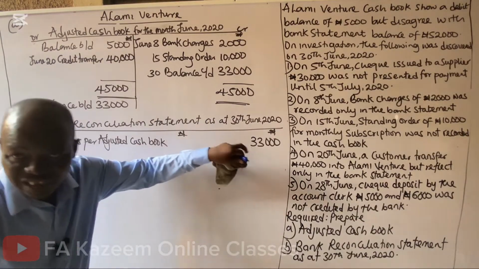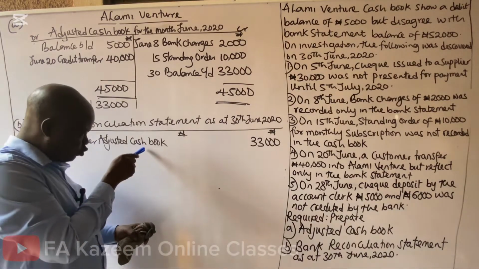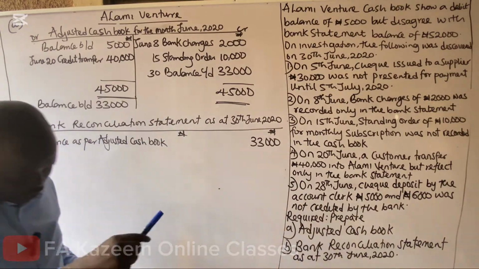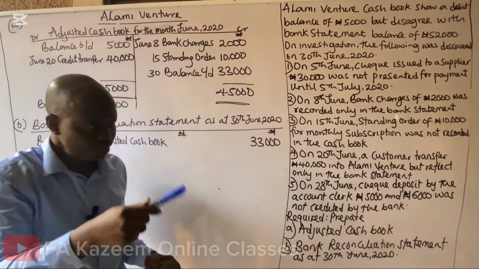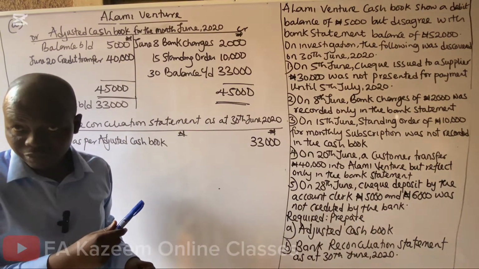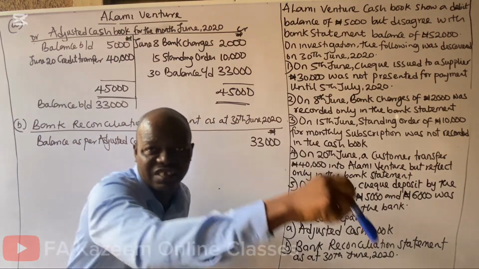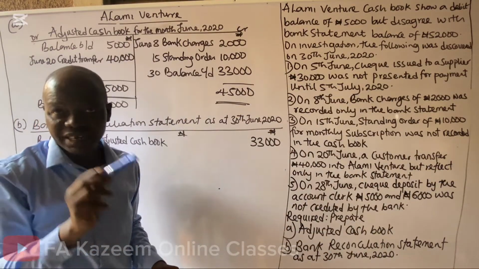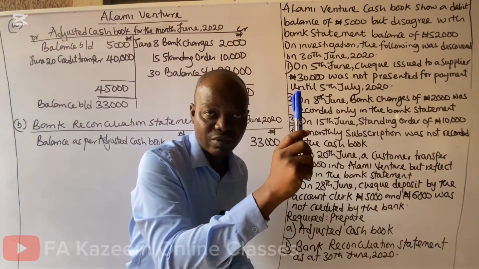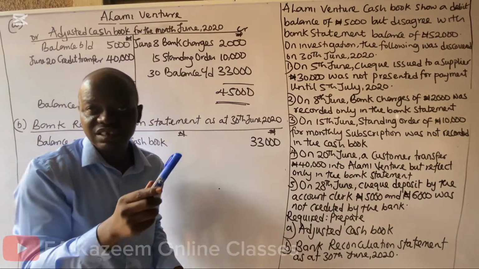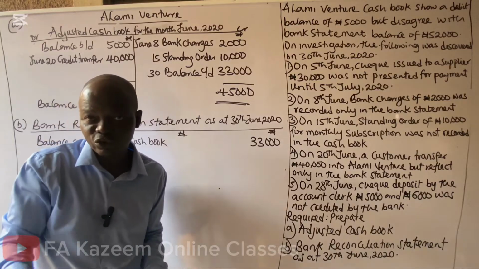If this is the cash book balance, there is money that has been issued out of the cash book to a supplier to present to the bank for payment, meaning there's an outflow. But this outflow, the payment was not presented to the bank, meaning naturally there's no withdrawal of that check. Now, if the check has not been withdrawn, it means the money is still within the account. What do you do? You add back.